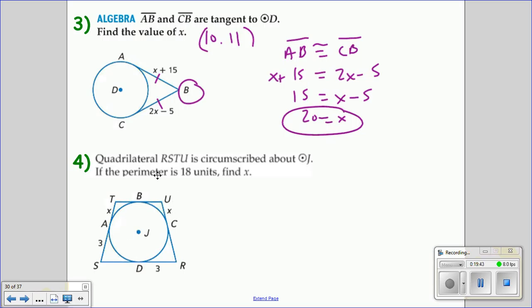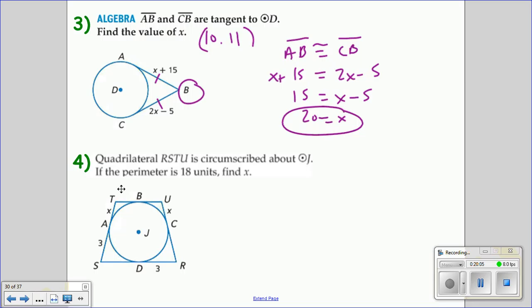And number 4 says quadrilateral RSTU is circumscribed about circle J. If the perimeter is 18 units, find x. Alrighty. So, what we know.